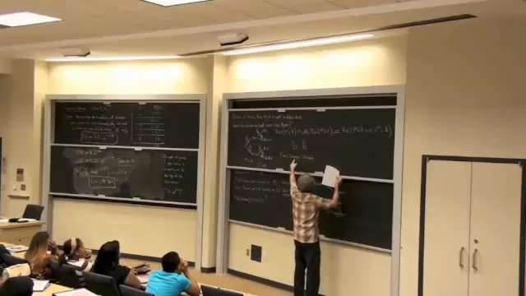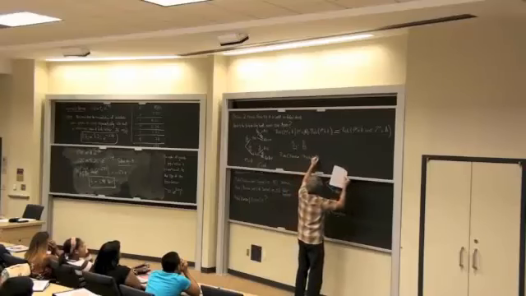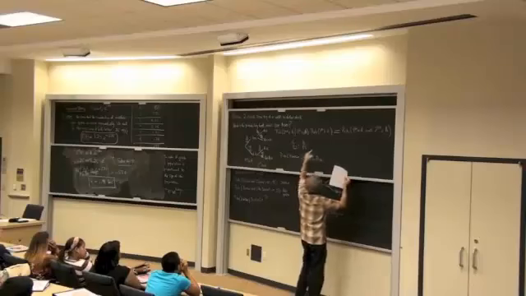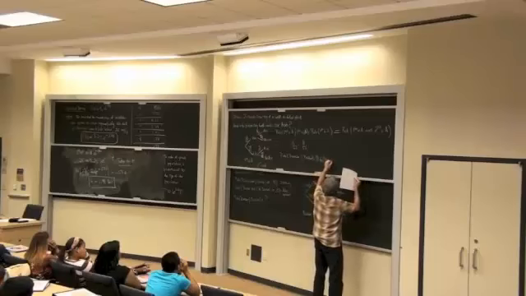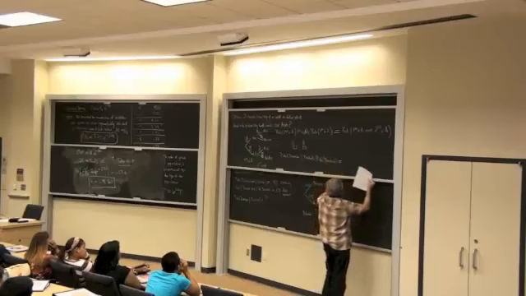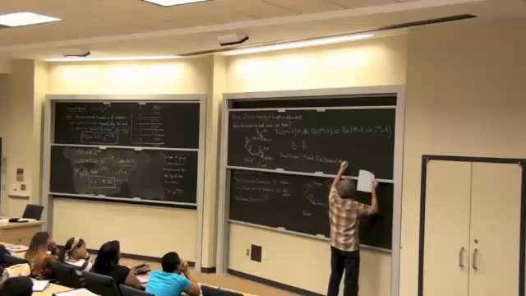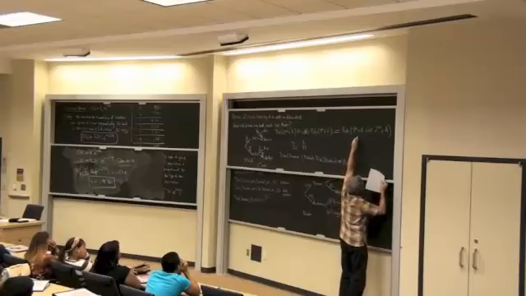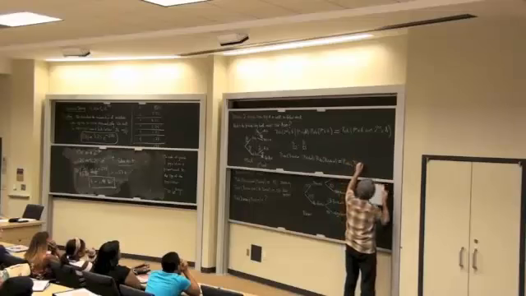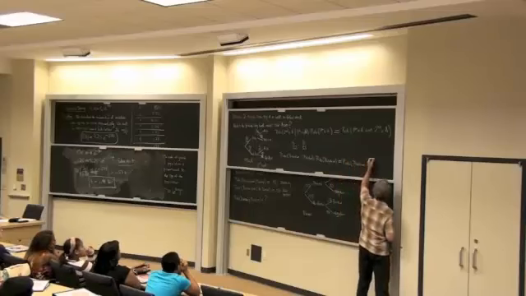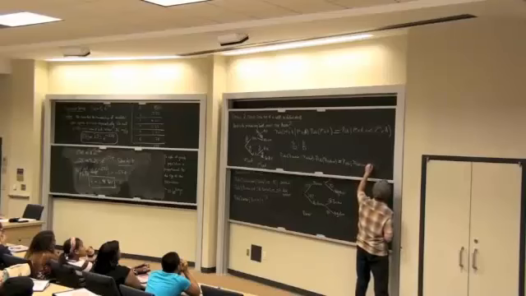That's what I want, times probability of positive test equals probability of positive test and disease.